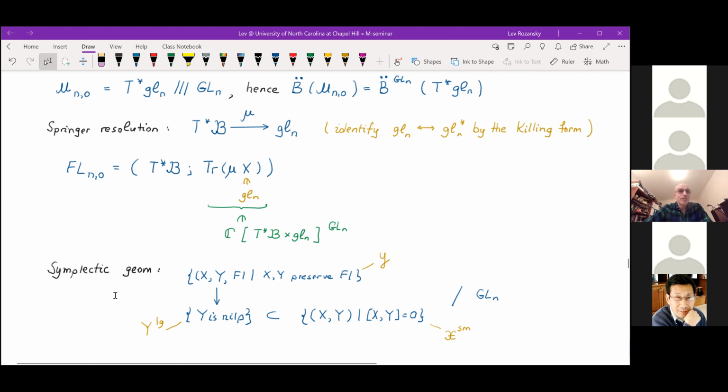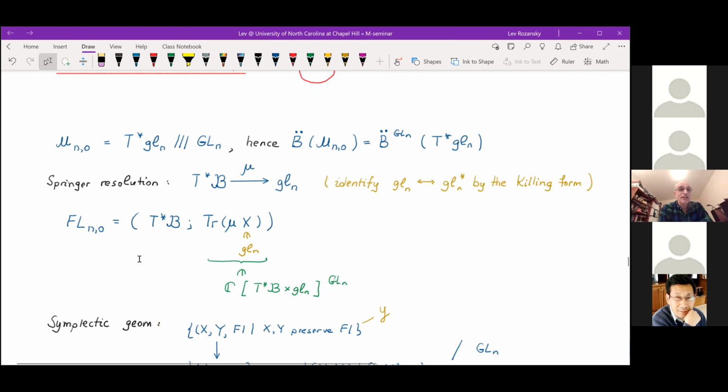Okay. I missed somehow. What is the problem about symplectic? It's not a problem. It's a little bit strange. The auxiliary, this T star B, is symplectic because it is T star B. But it is an auxiliary variety, so it didn't have to be symplectic.